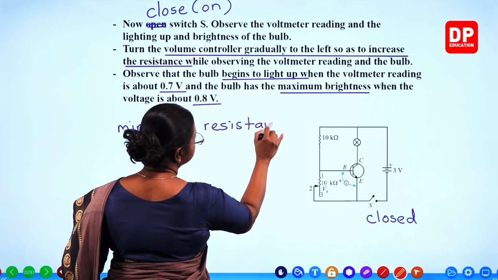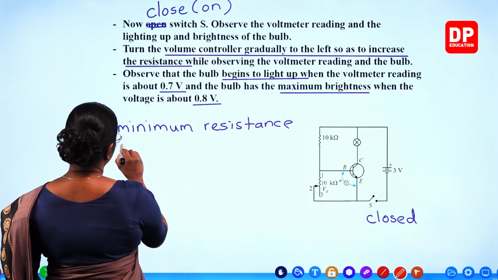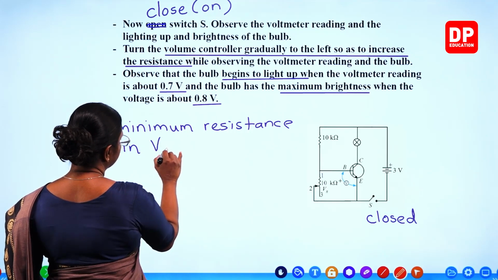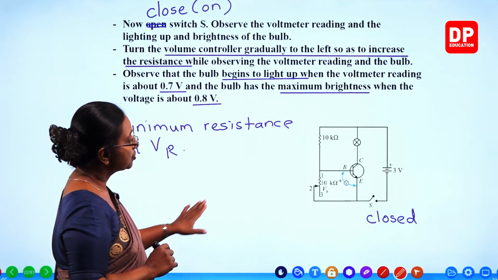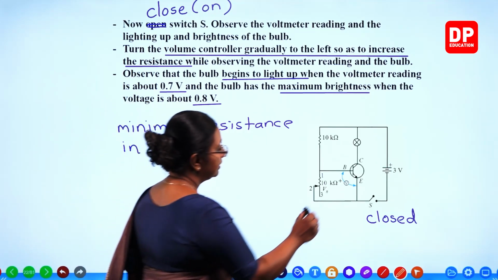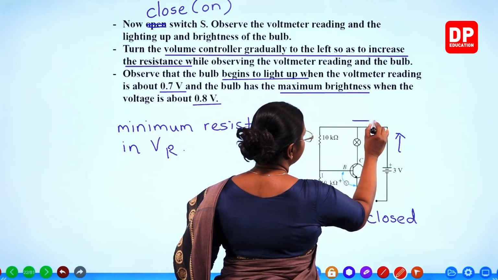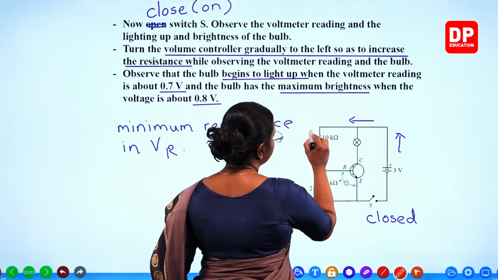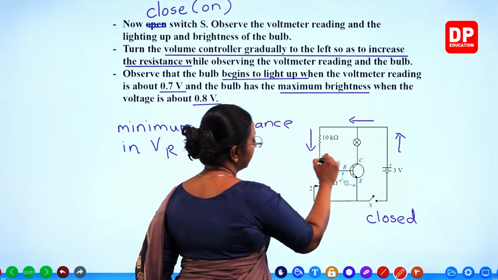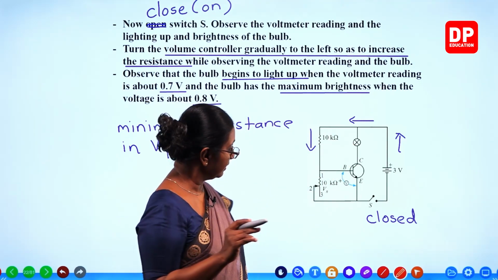Now let's say minimum resistance in volume controller, right? So what will happen? There will be current passing this way. Then current flows this way. Current can flow through the 10 kilo ohm resistor.